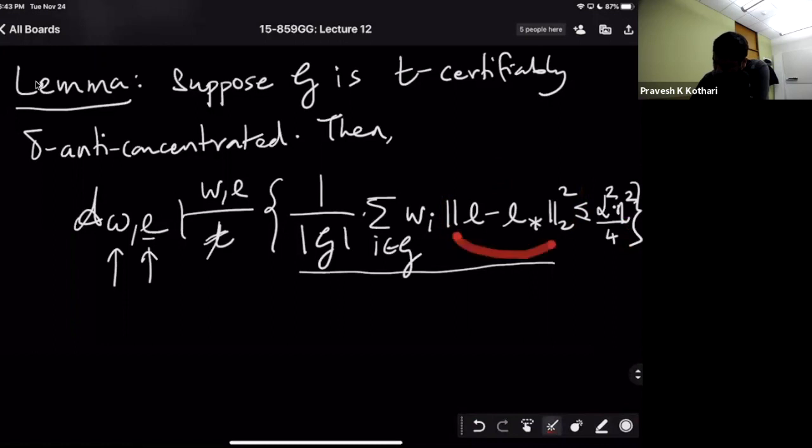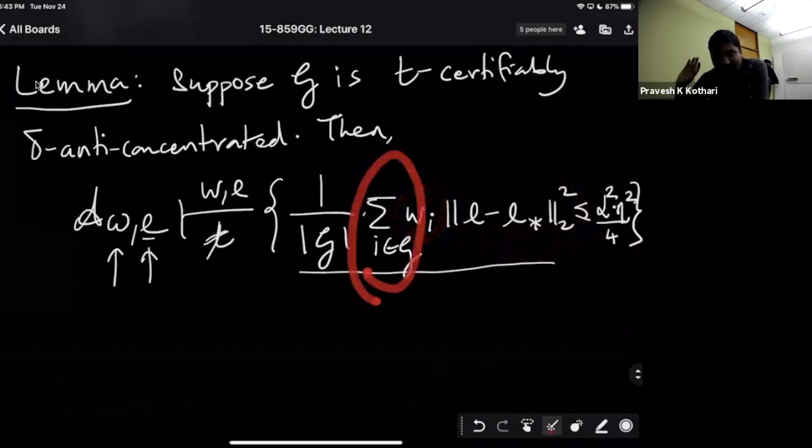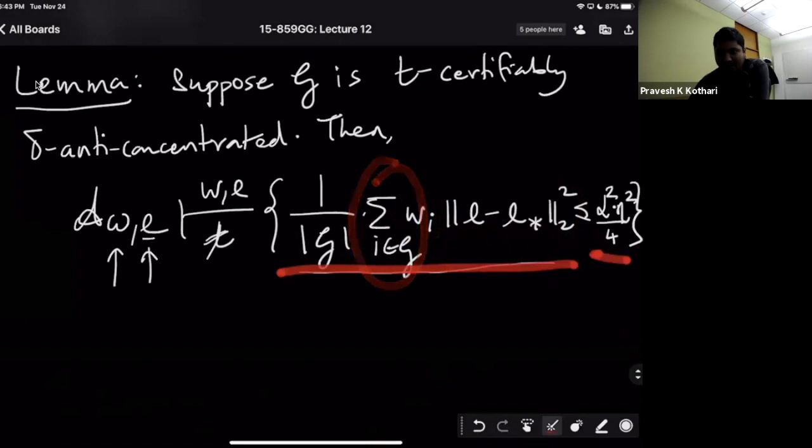It's saying that L is close to L star in L2 distance. So if I sum over the L2 distance of L minus L star, scaled by Wi, only on the good set. Again, remember, we don't know what the good set is. But if we do this, then this average is small.